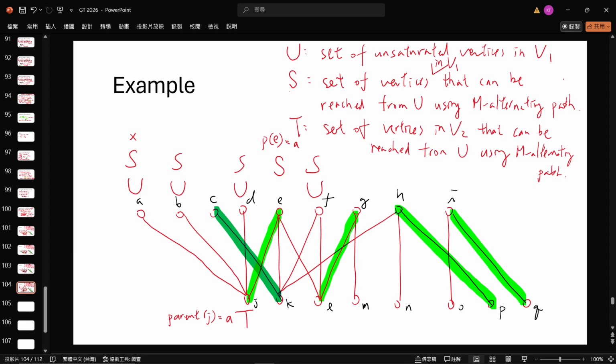So in the second round, we can choose any vertex among these 4 vertices in S. We don't need to consider this again, only these 4 vertices.